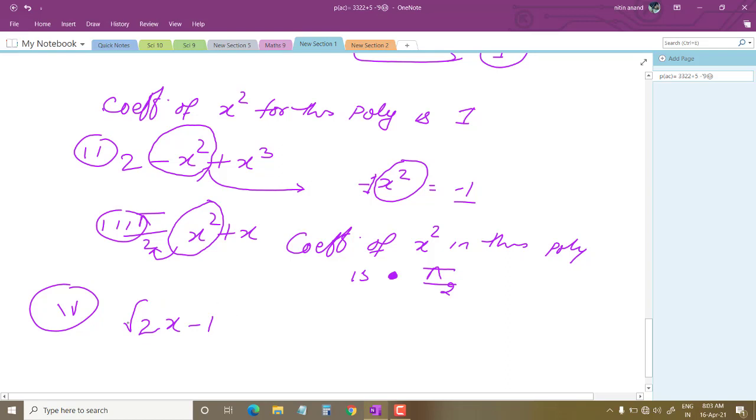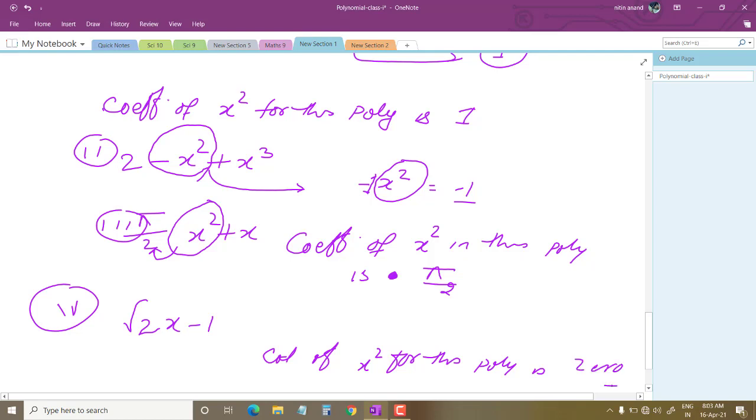But the question is to write the coefficient of x square, and here x square is not present. So we will write: coefficient of x square for this polynomial is 0. Okay, is 0.